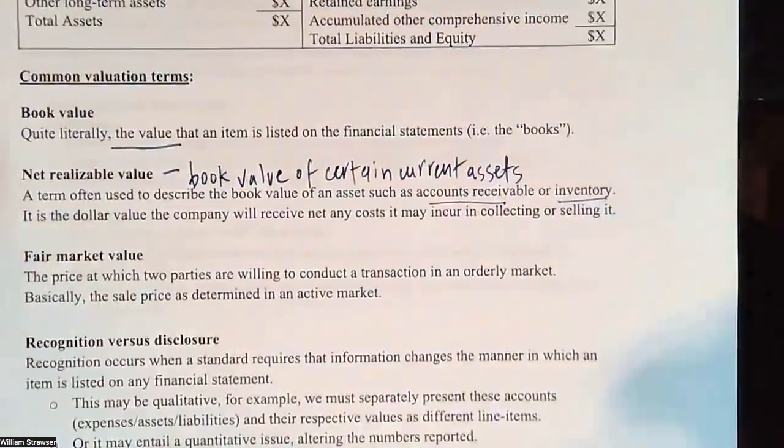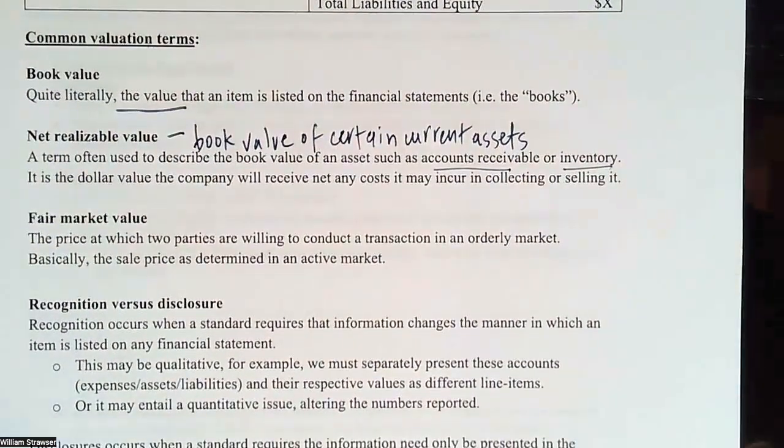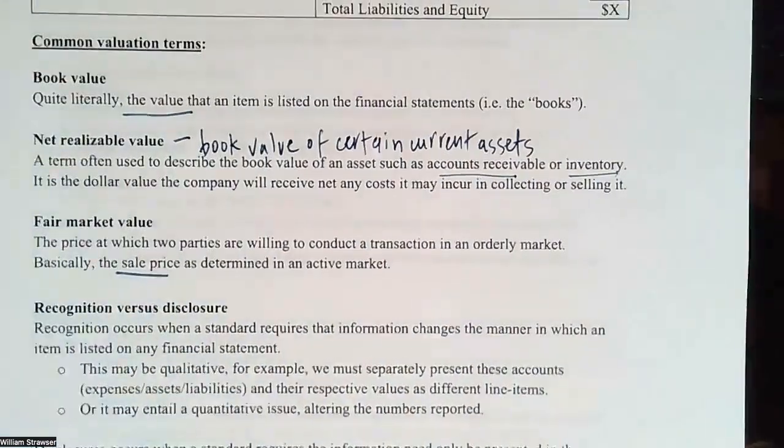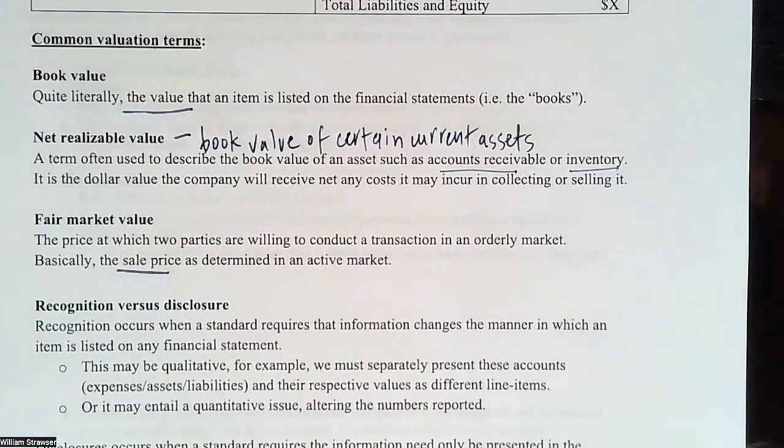Fair market value is technically, right, the price at which two parties are willing to conduct a transaction in an orderly market. And more simply, it's the sale price, right, determined by a market that's active. Because typically we want to have a lot of buy and sell.